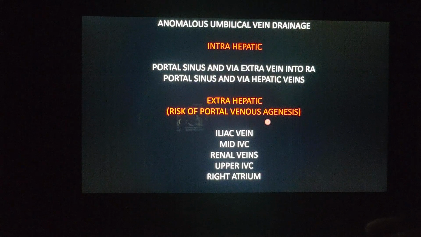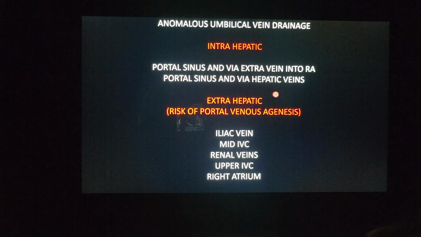So hence umbilical vein can anomalously go into the systemic veins outside the liver, which is an extrahepatic umbilical vein systemic shunt, or it can go into the systemic veins through the liver and portal sinus by an extra vein or shunt, which is an intrahepatic umbilical vein systemic shunt.